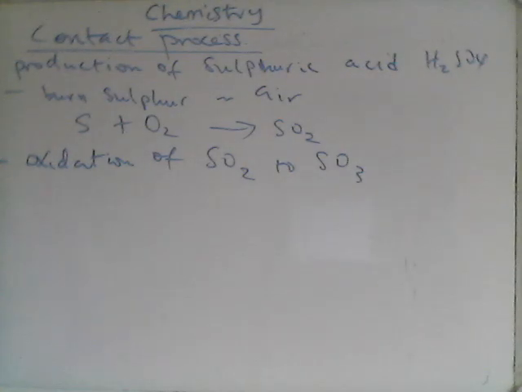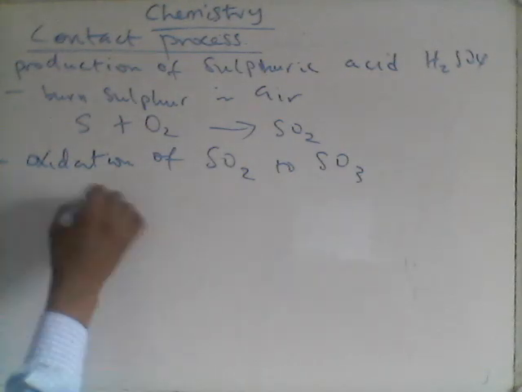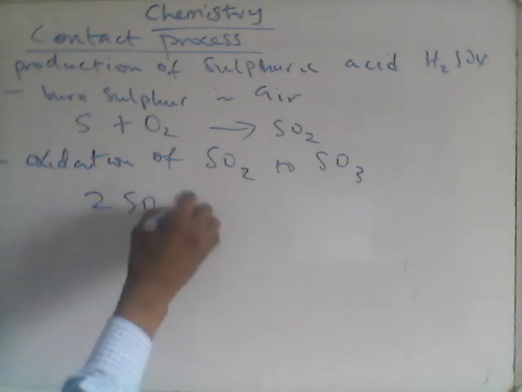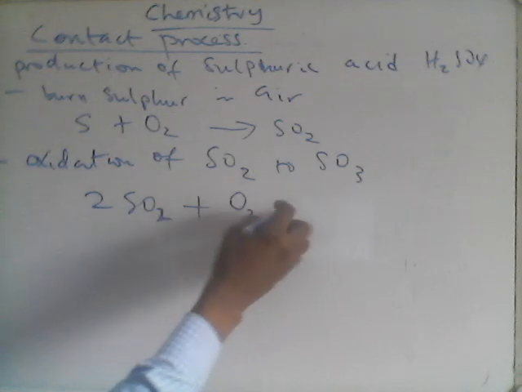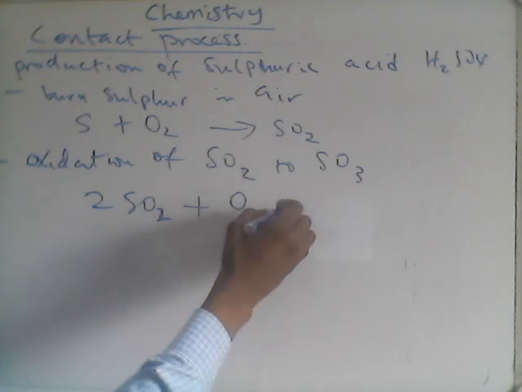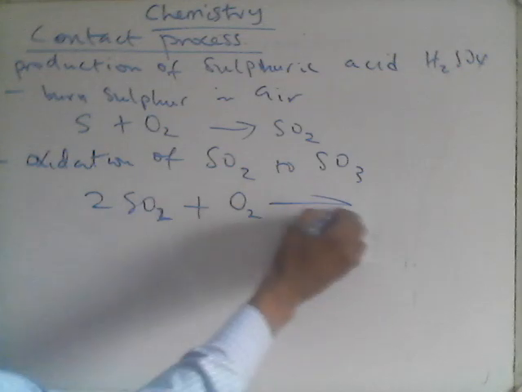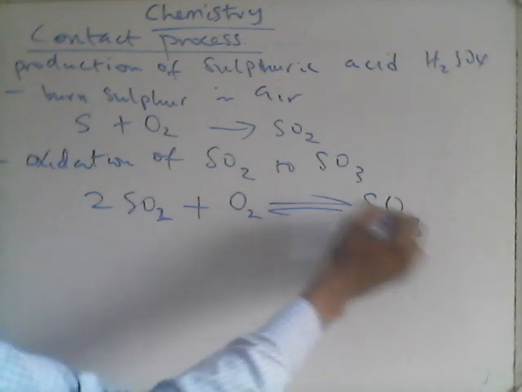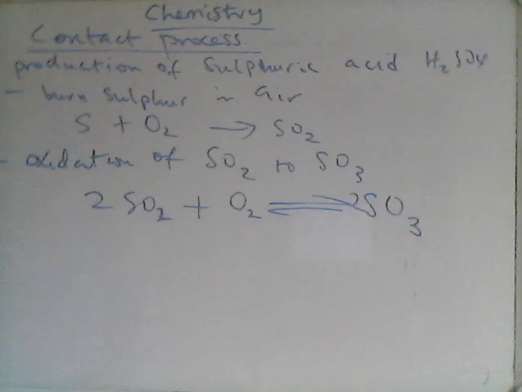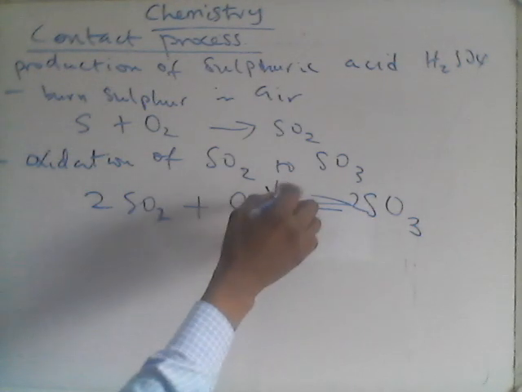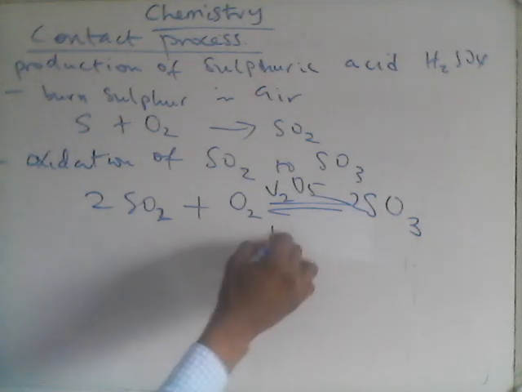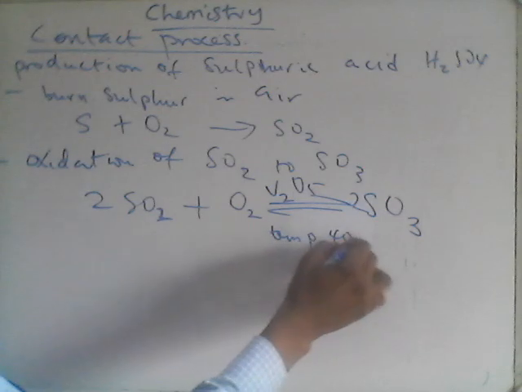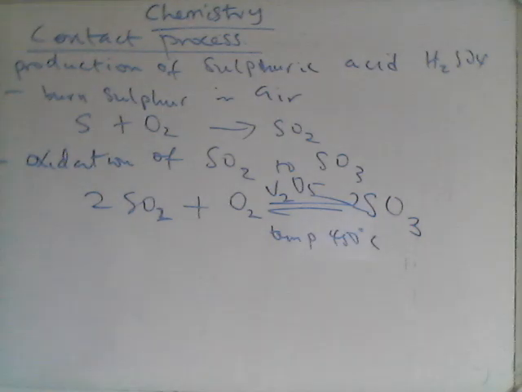So when we do that, you have sulfur dioxide in the presence of oxygen, and the catalyst is actually vanadium(V) oxide at a temperature of 450 degrees centigrade. It will give us sulfur trioxide.